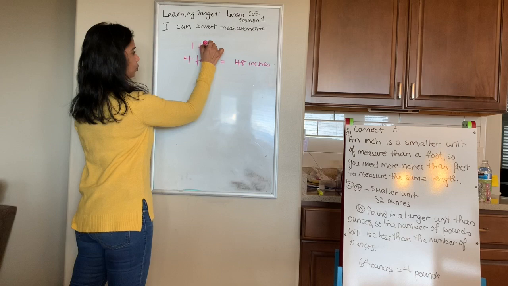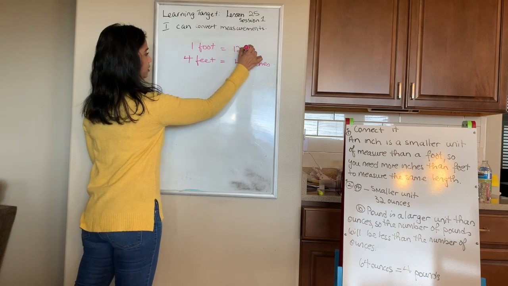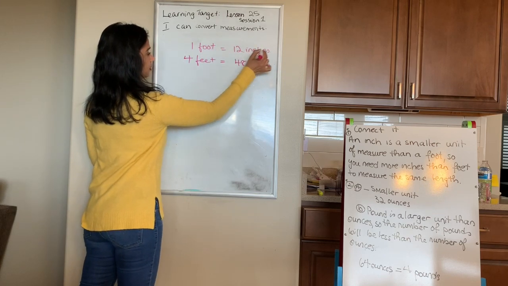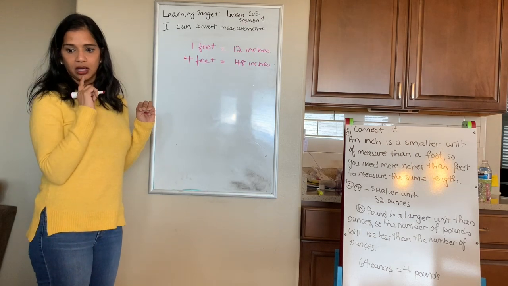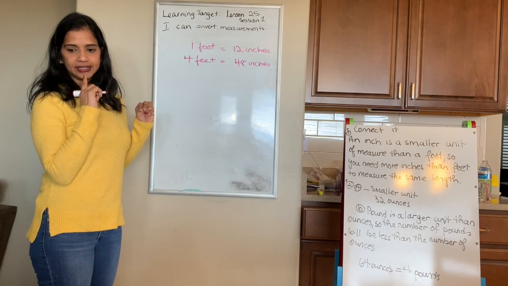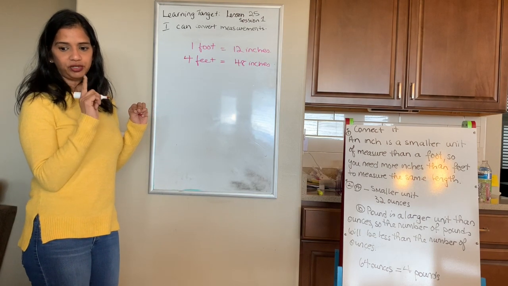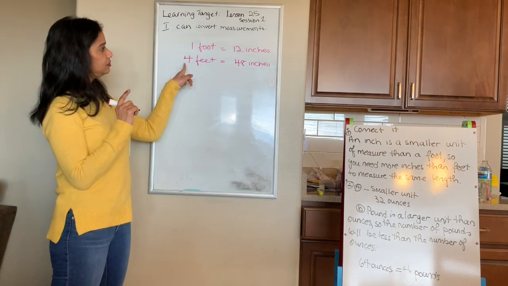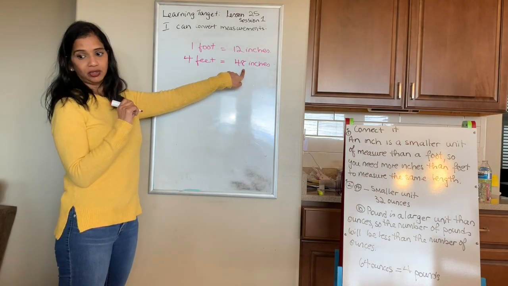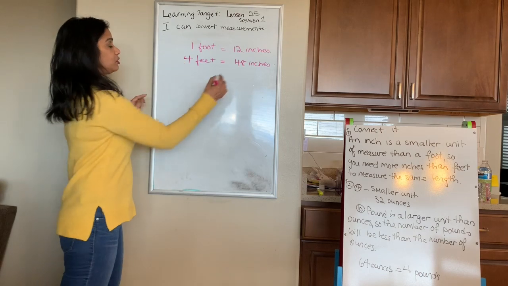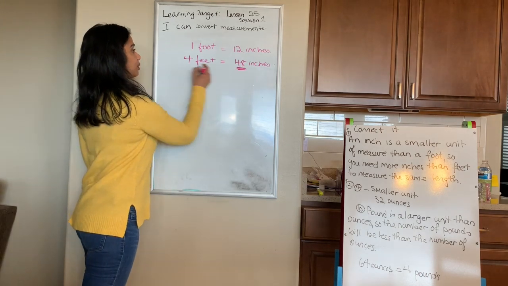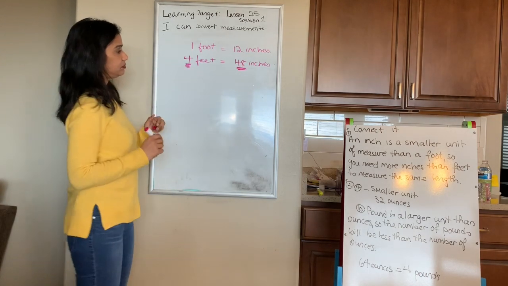Because 1 foot is equal to 12 inches. Let's try to explain. The number of inches in 4 feet, is that greater or less than the number of feet? So this is a bigger number than this guy, right?